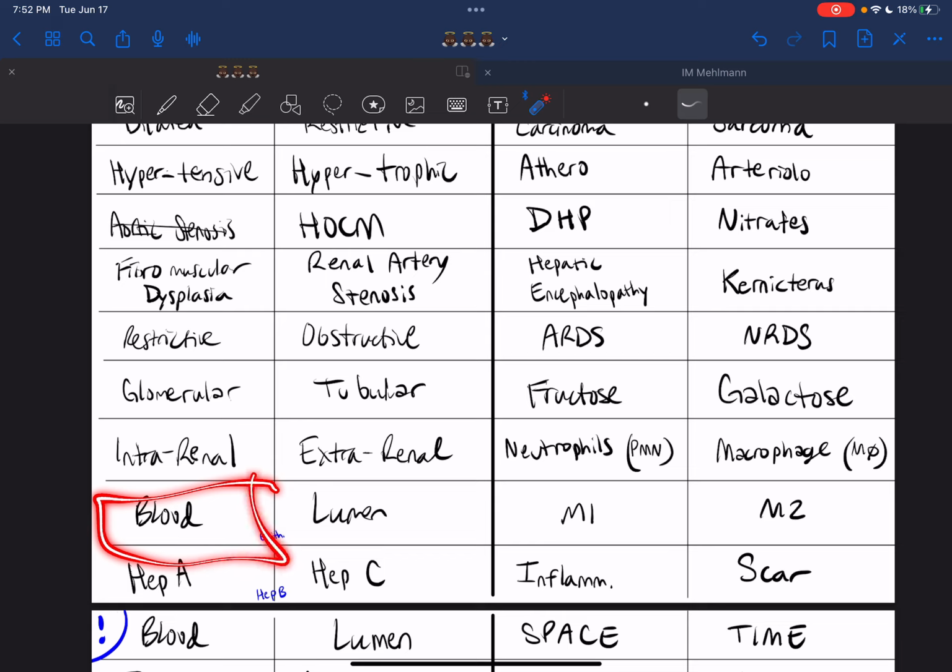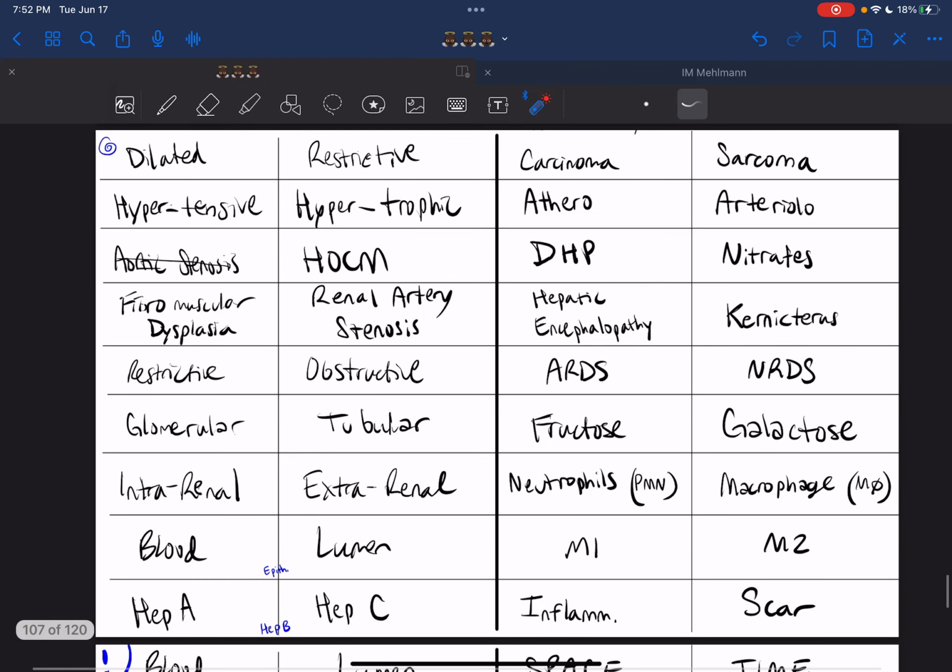Then you have blood versus lumen, which is the versus that you have in every type of physiology, basically, each organ system. So for pulm, you have blood versus air, the air being like the lumen of your airways, your bronchioles and everything, and your alveoli, and chemicals pass between them.